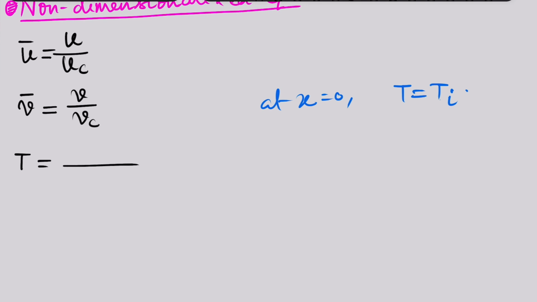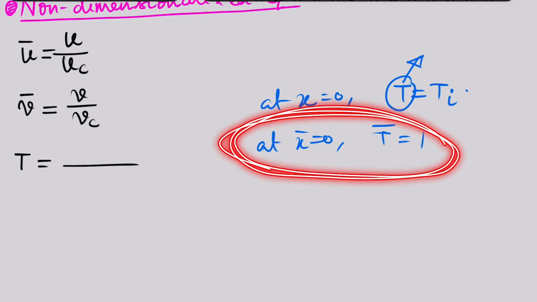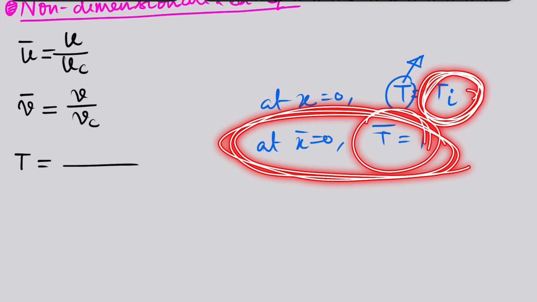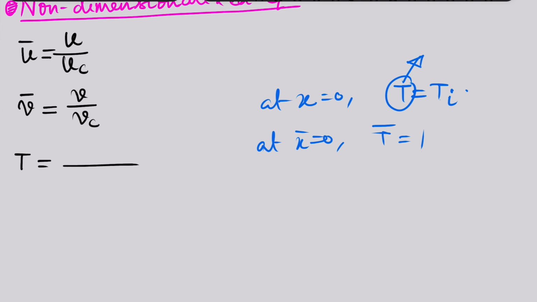So if you can non-dimensionalize this temperature in such a way that at x bar equal to 0, my T bar is equal to 1, then for this kind of non-dimensionalization, whatever your Ti may be, no matter what the value of Ti, your T bar will always be 1.